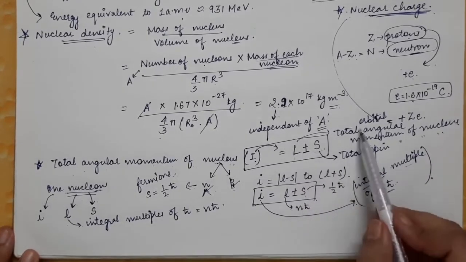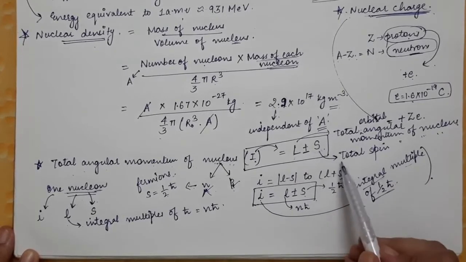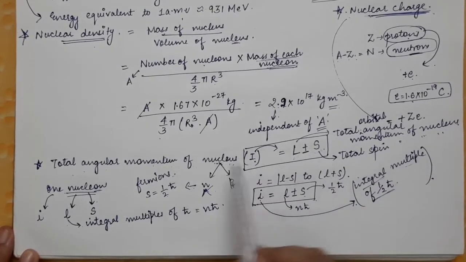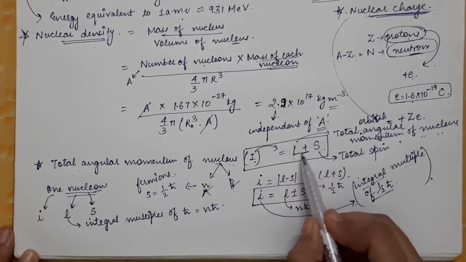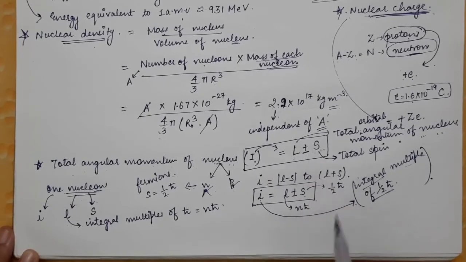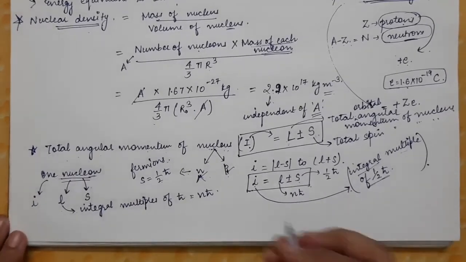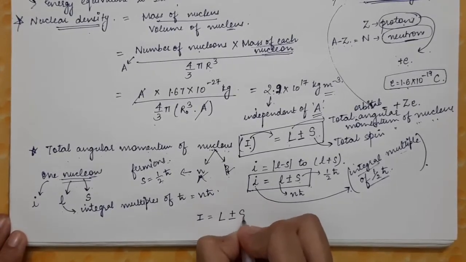So capital L is the total orbital angular momentum of the nucleus and capital S is the total spin angular momentum of the nucleus. So capital I, which is the total angular momentum of the nucleus, is given by the formula capital L plus minus capital S. So capital I is equal to capital L plus minus S.